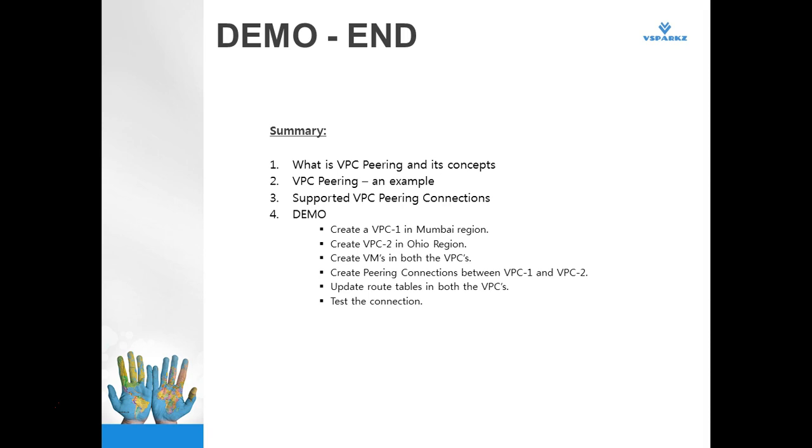So the first two steps are already done. From the third step, we created two VMs in both the VPCs, and we created a peering connection between VPC 1 and VPC 2. Once the connection was active, we updated the route tables in both the VPCs, and we tested the peering connectivity using the private IP addresses of the virtual machines.